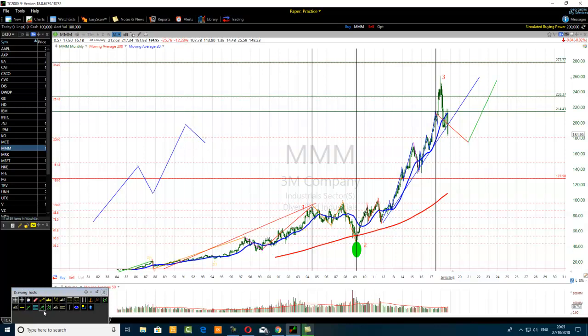and then you are in the fifth wave. Now we have the fifth wave extension. So we have first the extension of the fifth wave, like this.